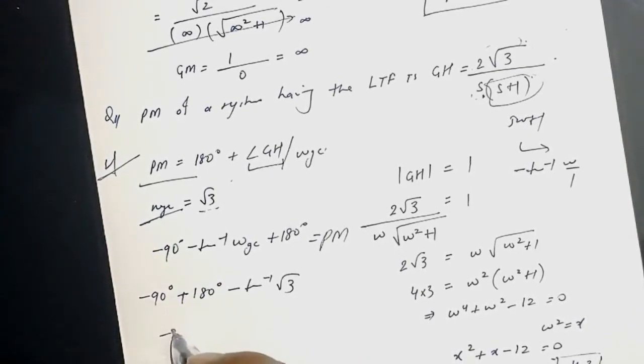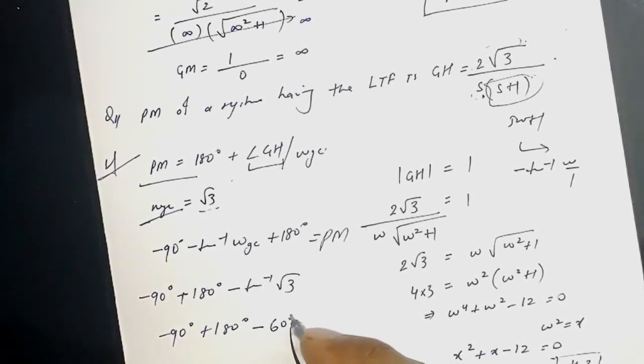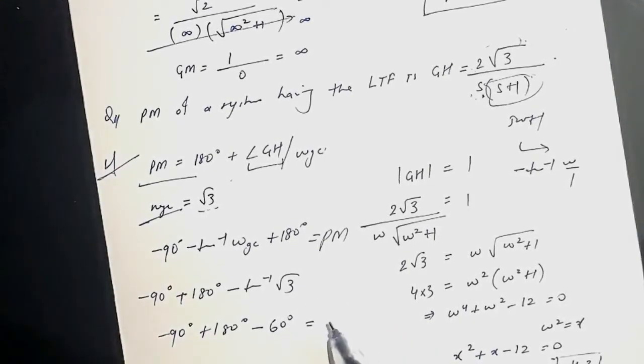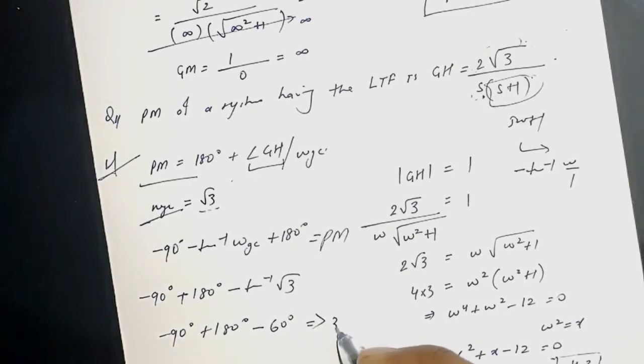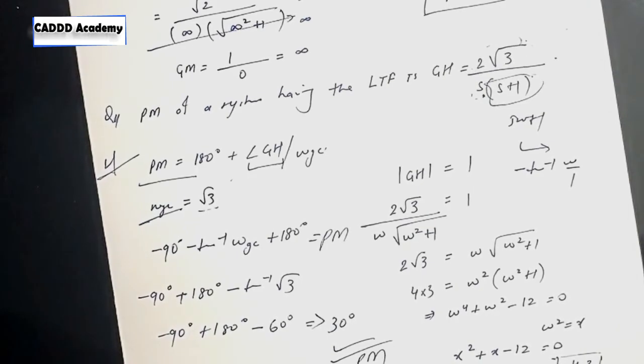So minus 90 degree plus 180 degree minus 60 degree is equal to what? 30 degree, which is the phase margin of the system.